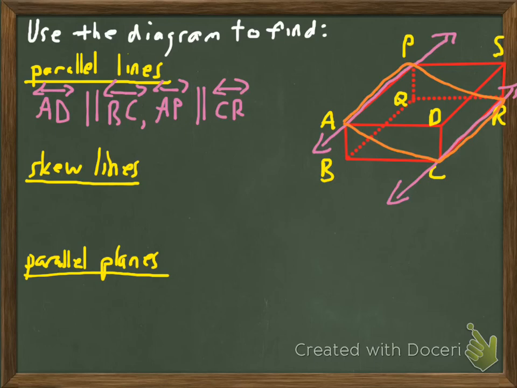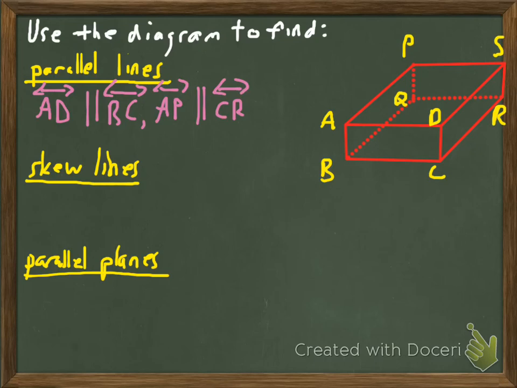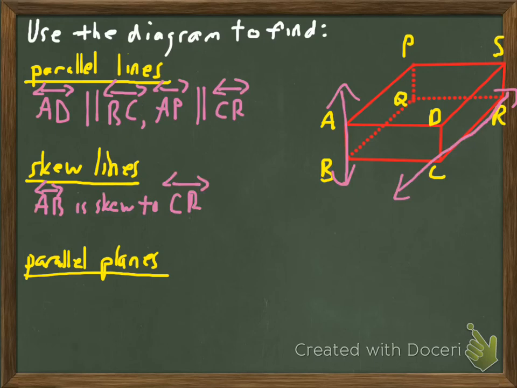How about some skew lines now? One good example of skew lines would be that line AB and CR are skew. Alright, you can see how these two lines, they're not going to intersect one another. One's going just forwards and back, the other one is just going straight up and down. But certainly they're not going to intersect one another either.